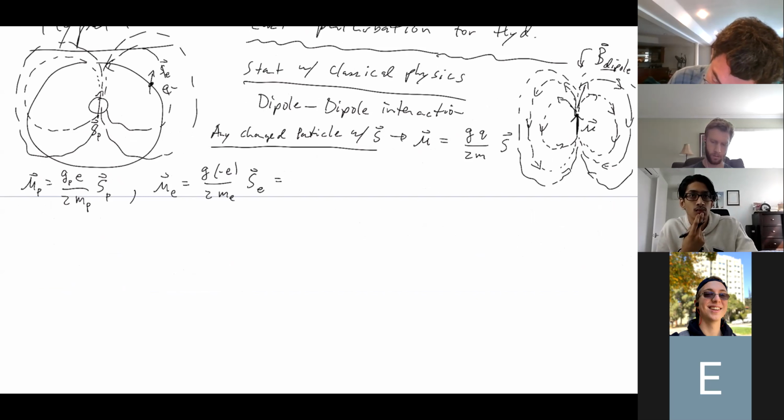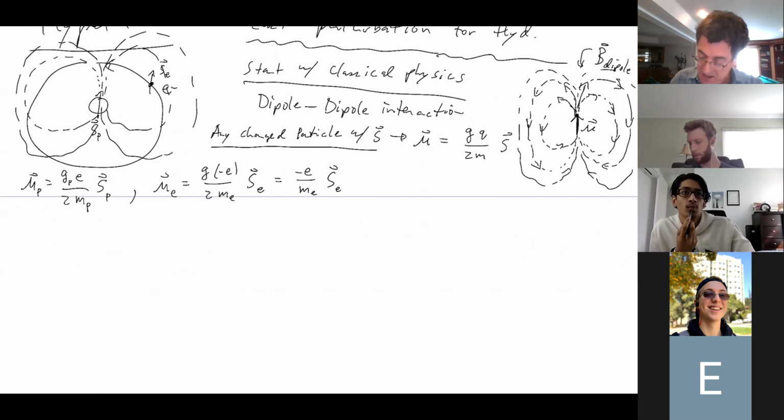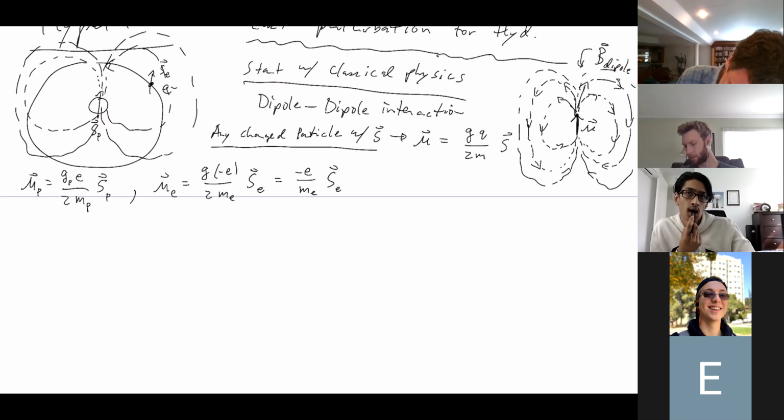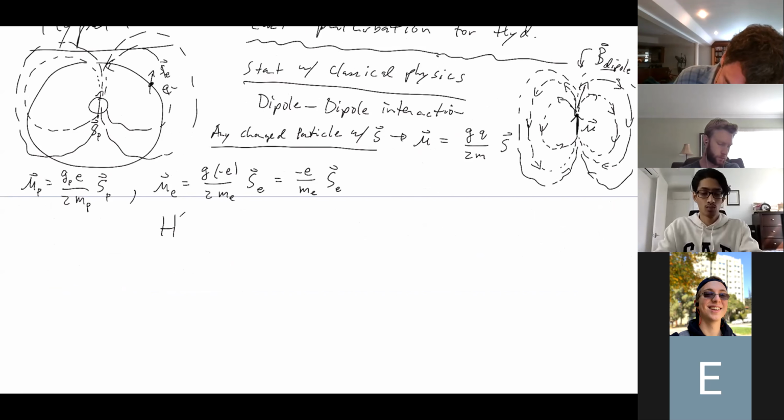For the electron, we have g is 2, so we have negative e over m sub e, S sub e. And so that means then that there's an energy of interaction. I'll call it H prime, the perturbation. And this is the hyperfine perturbation.